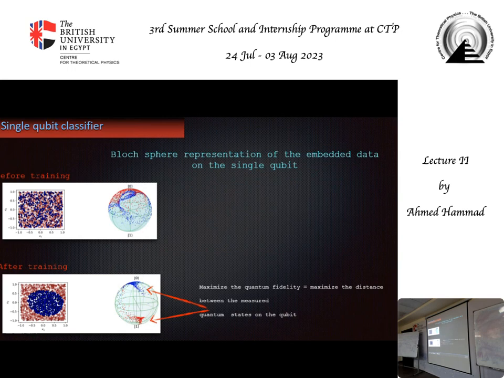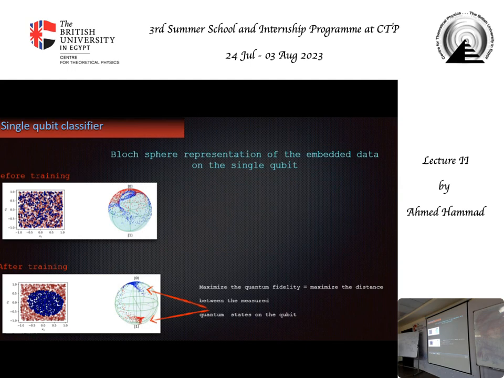As you can see here, before any training everything is randomly scattered, and this is how the data is mapped on the hyperspace of the qubits. At the beginning it is random, so everything is mapped randomly. But after training, we try to minimize 1 minus the fidelity.